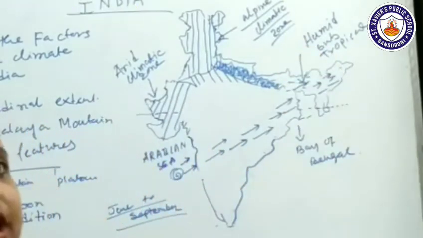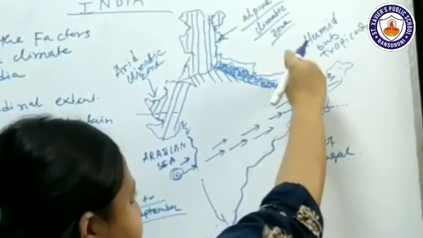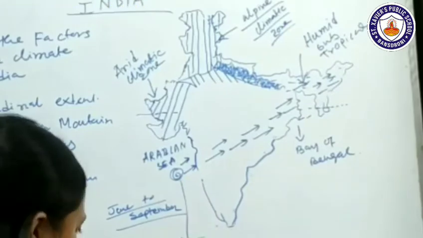You know that Assam, Meghalaya, Cherrapunji, these are the several regions situated in the eastern part. In that monsoon, it has a particular name.